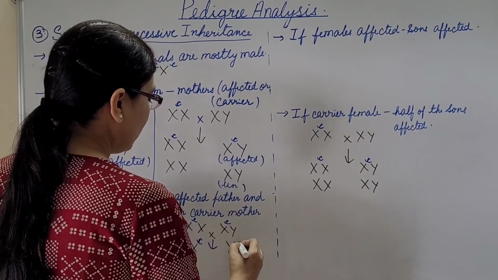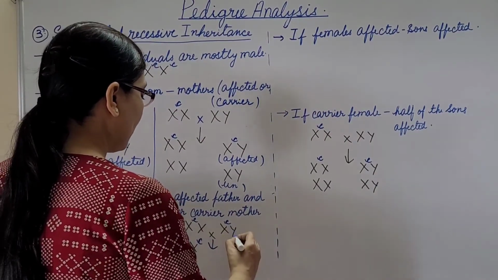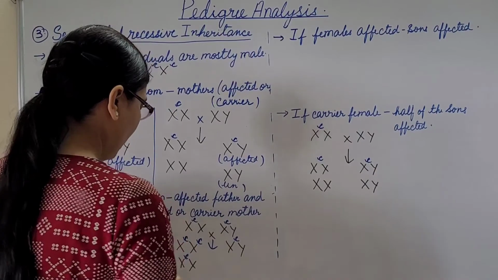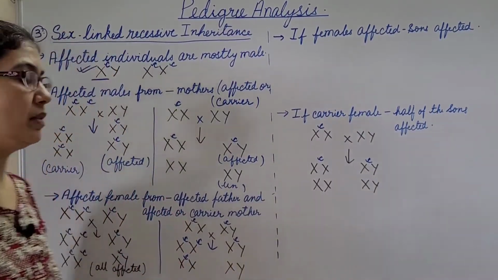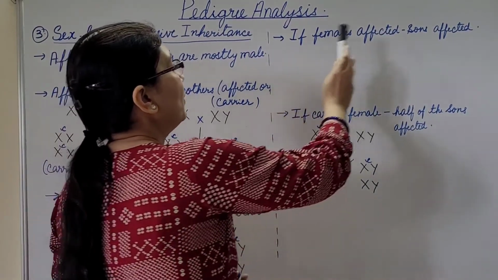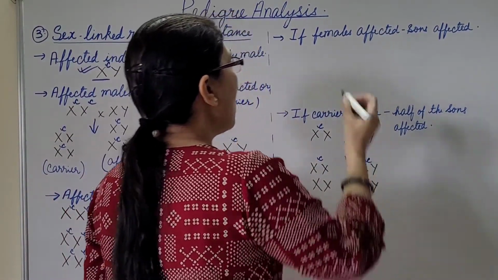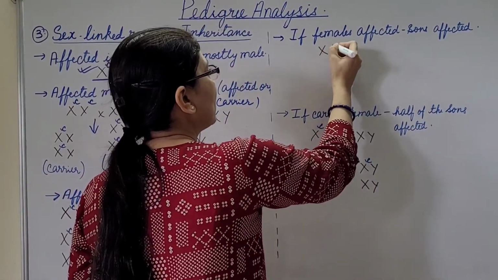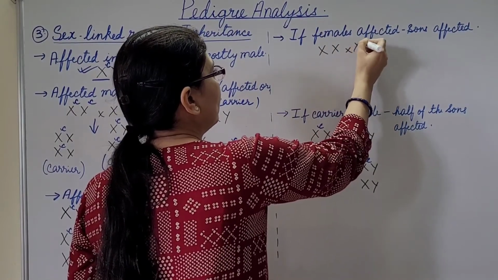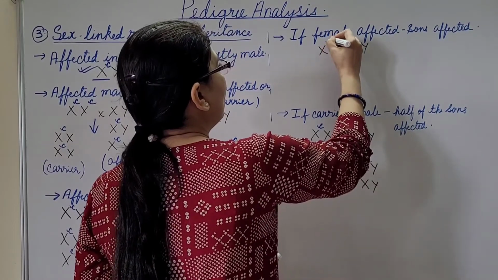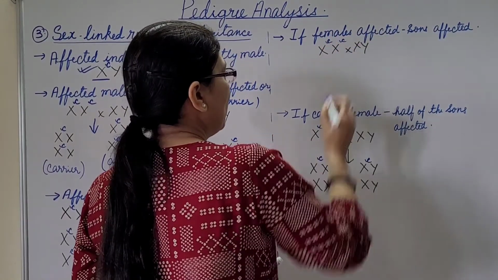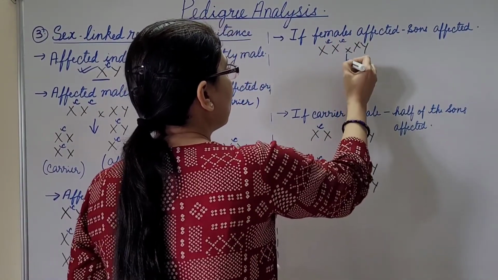One of the males is affected and one is unaffected. If females are affected, approximately all the sons are affected. Here female is affected but male is unaffected.